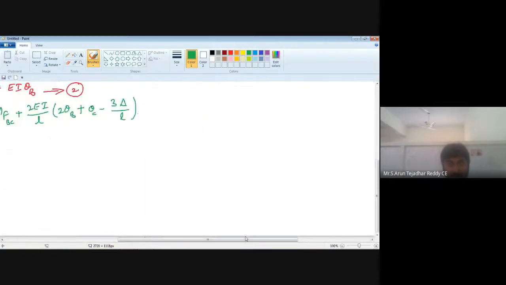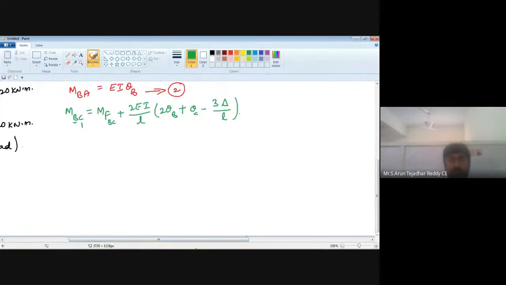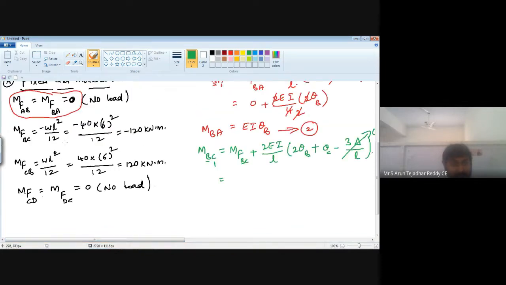Okay. Now here delta is 0 because it is non-sway. Delta is 0, no problem. Now substitute the MFBC value. What is the MFBC? MFBC is minus 120, minus 120 plus 2EI.